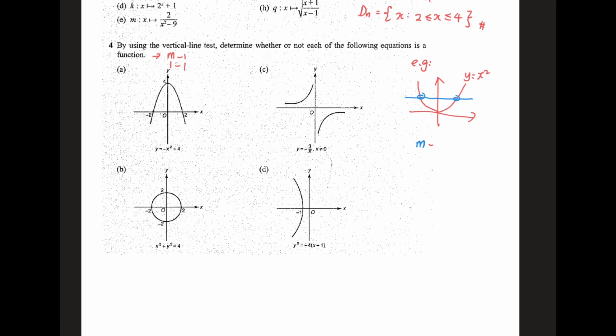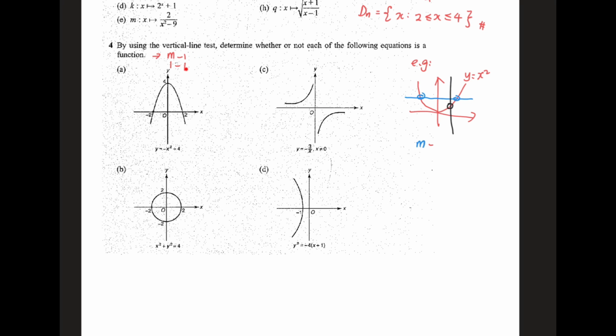Now for the second part, we have to use the vertical line test. You have to draw a vertical line at the place where you can cut the graph the most number of times. Let's say I use black color. I draw it here, then I can cut the graph at 1 point. Then I can say that this vertical line determines the relation at the back. If there is 1 intersection, that means the back is 1.